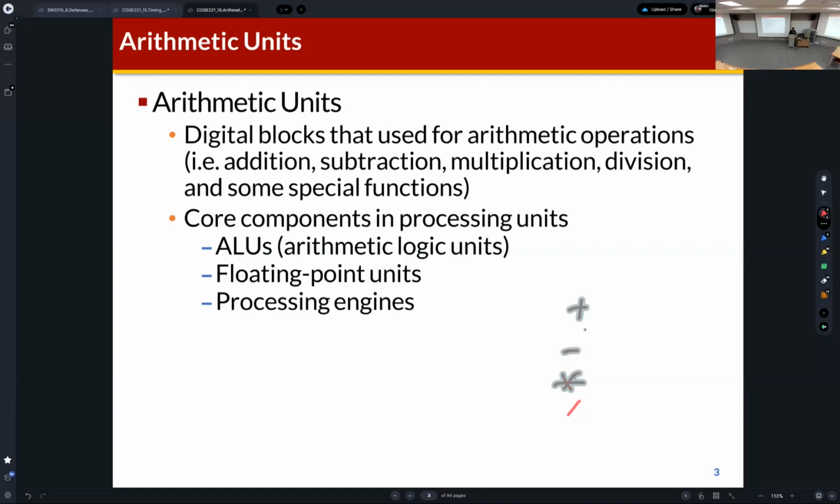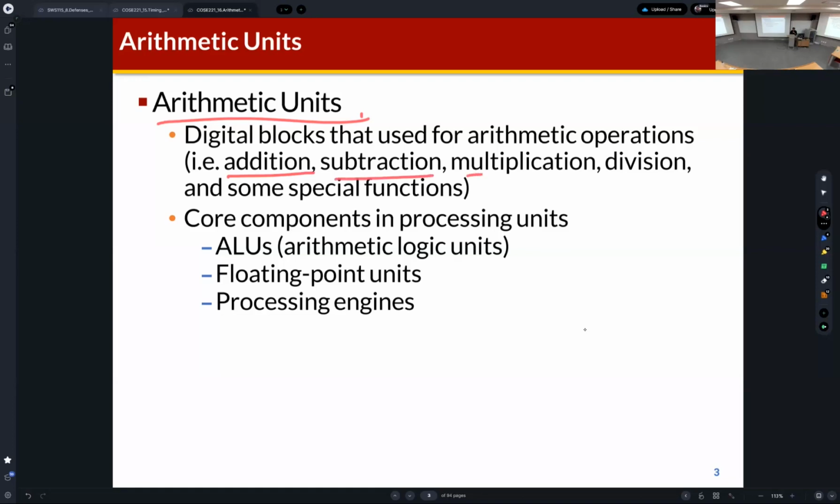That means in order to support the required functions for these operations, we need to build arithmetic units that can support adding, subtracting, multiplying, or dividing. These are basic arithmetic operations.